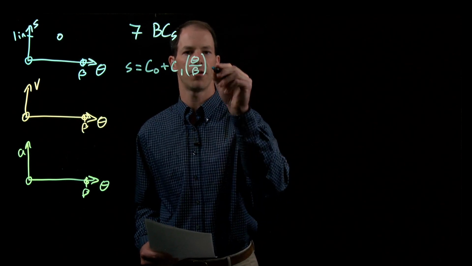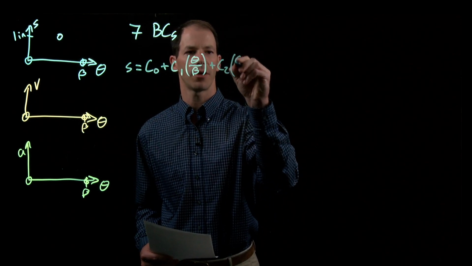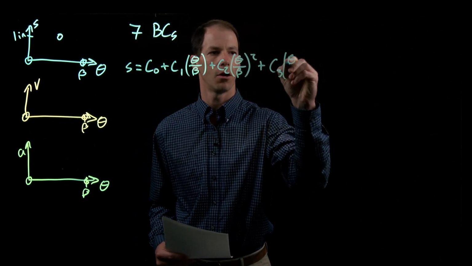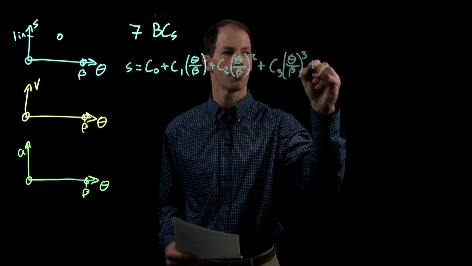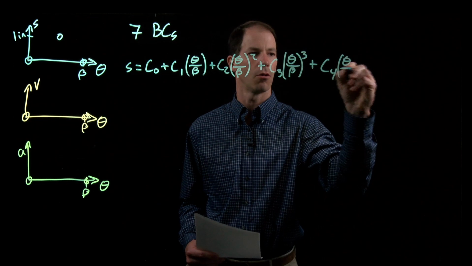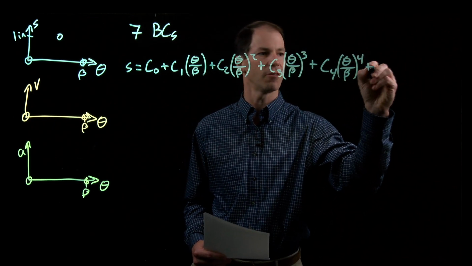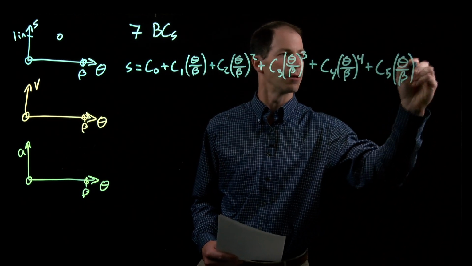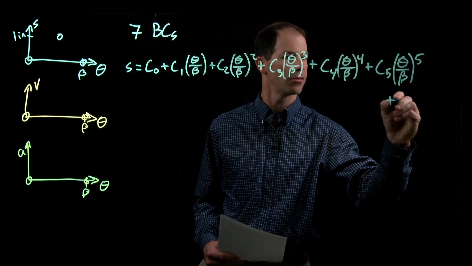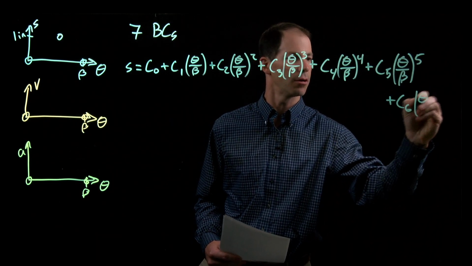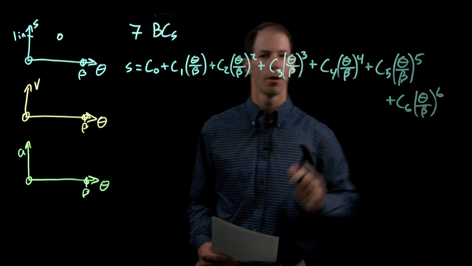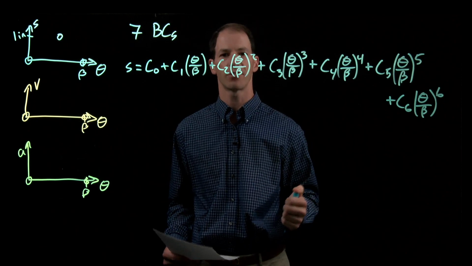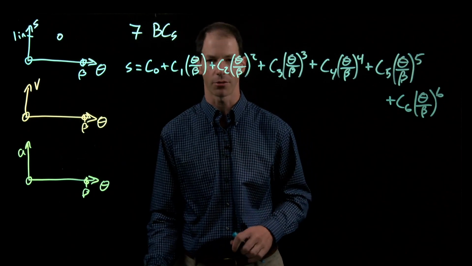So these are my first two coefficients, plus C2 times theta over beta quantity squared, plus C3 theta over beta to the 3rd power, plus C4 times theta over beta to the 4th, plus C5 times theta over beta to the 5th power. And then I need one more term, C6 times theta over beta to the 6th power. So that is my position equation. You'll notice that I have C naught through C6, so that is 7 coefficients that I can fit for my 7 boundary conditions.